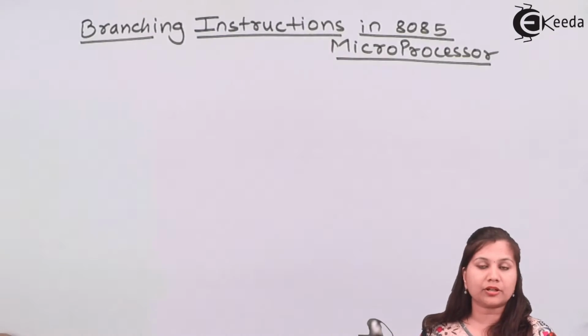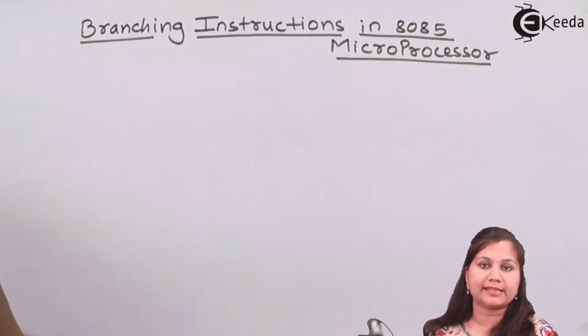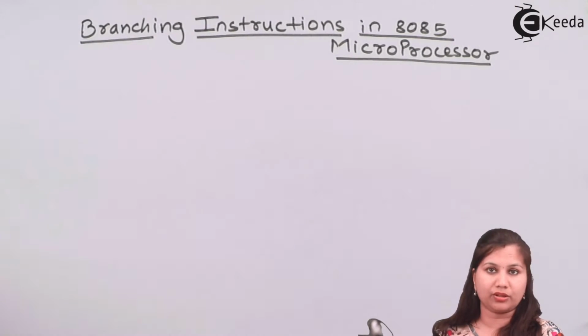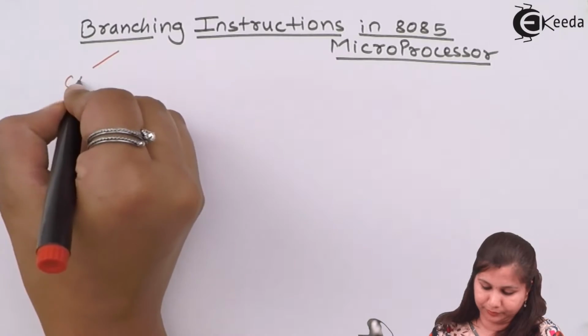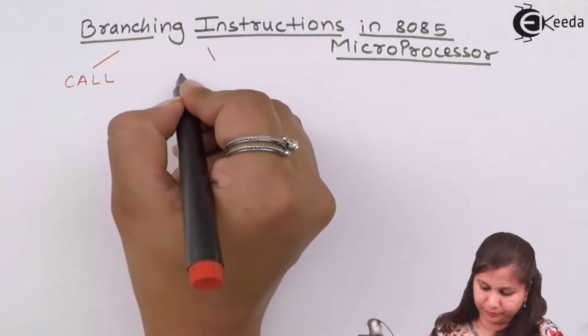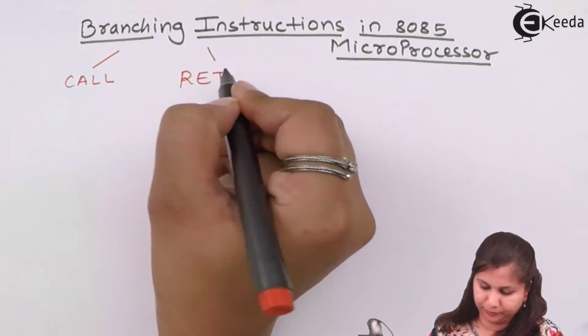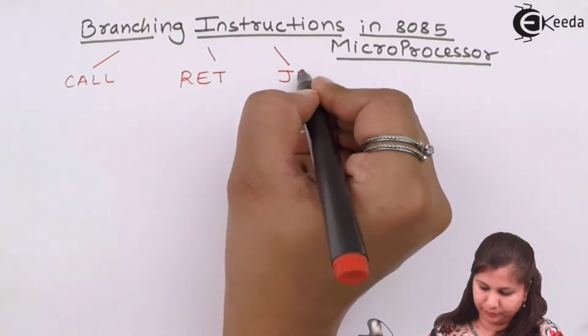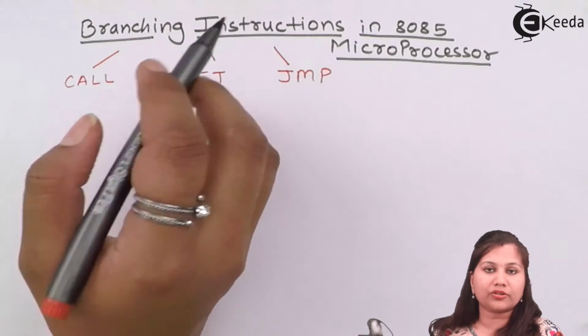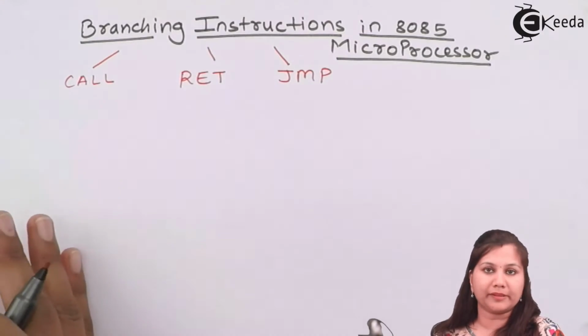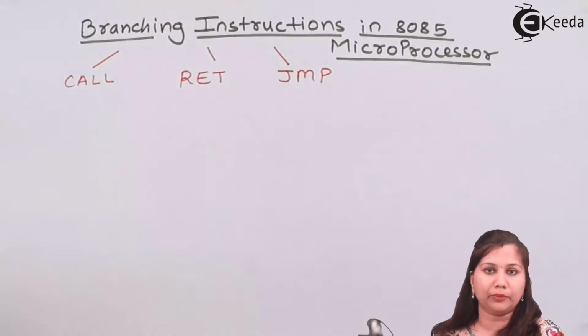The branching instructions in 8085, in this category we have three instructions: call, return and jump. Now, branching instructions means that suppose the microprocessor is executing the main program.